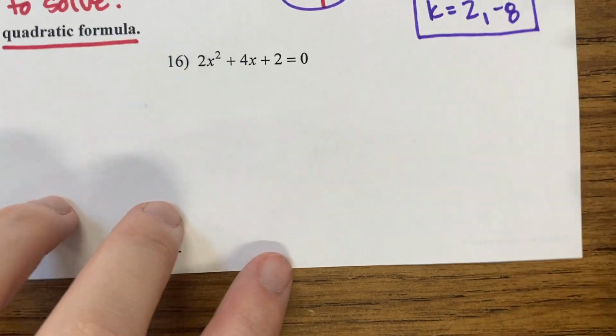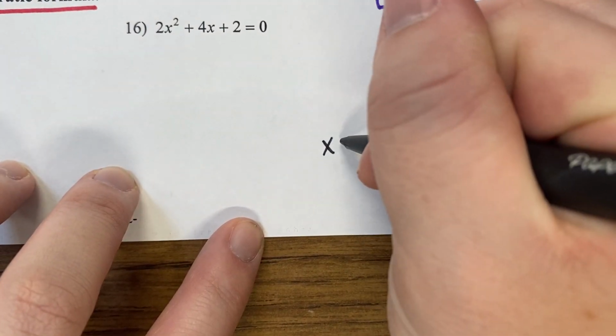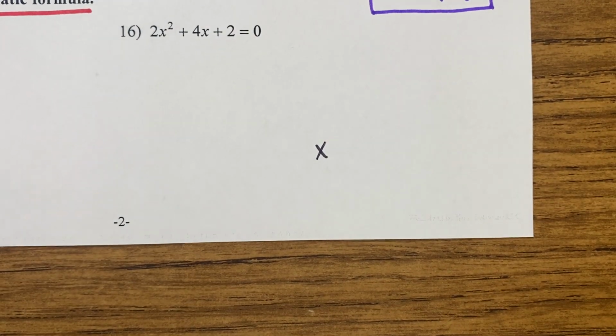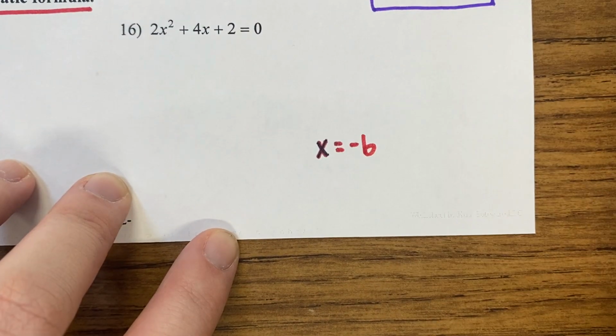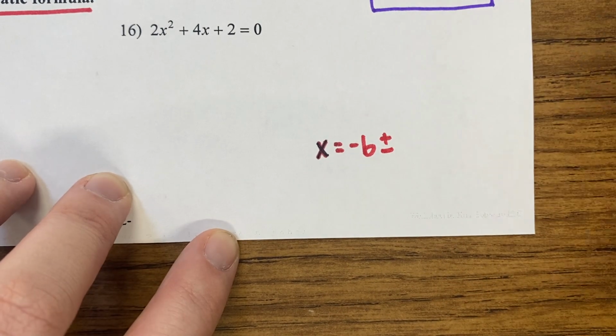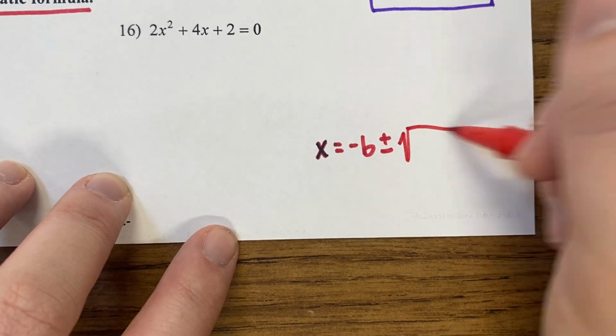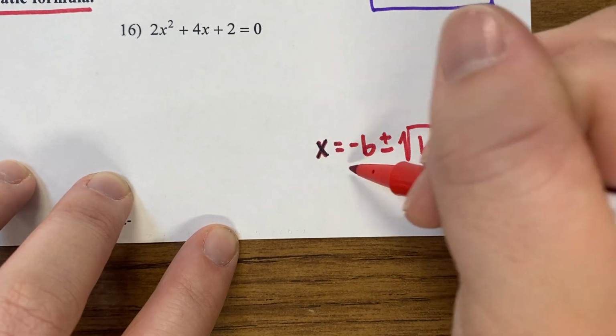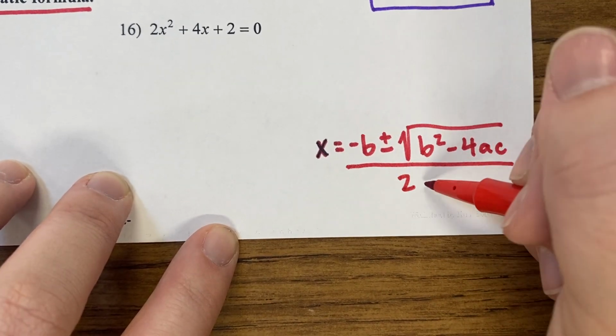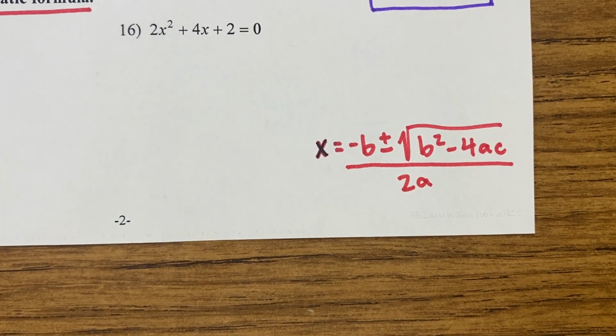X is equal to negative b plus or minus, that's where we get our two answers from, square root of b squared minus 4 times a times c, all over 2 times a.